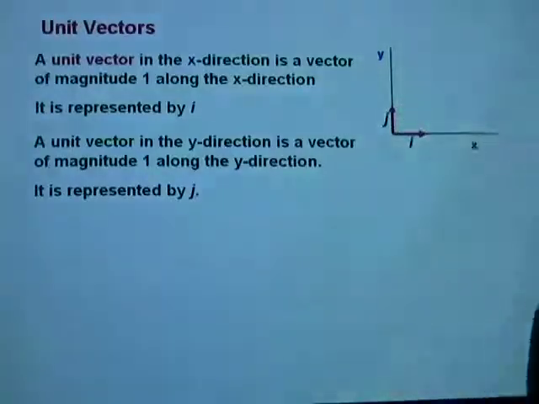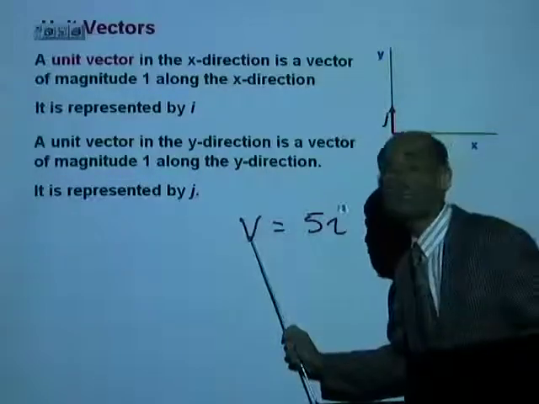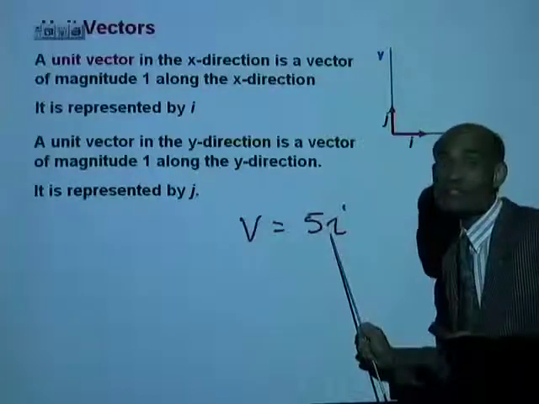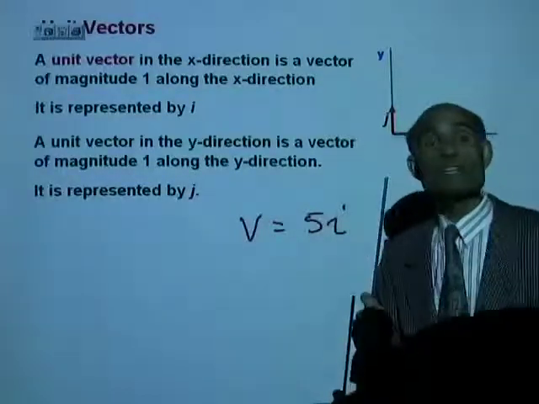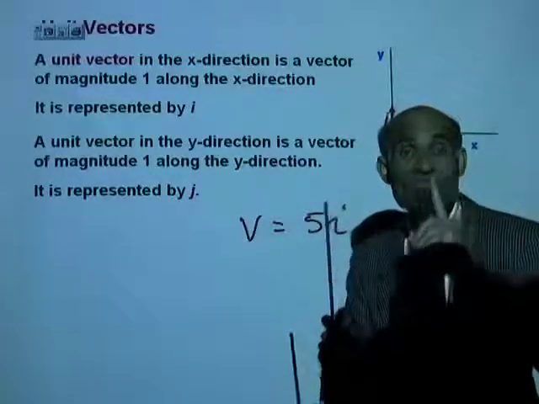So tell me, if I give you a vector v equal to 5i, what do you understand by that? What does i stand for? i is a vector along the x-axis of magnitude 1.